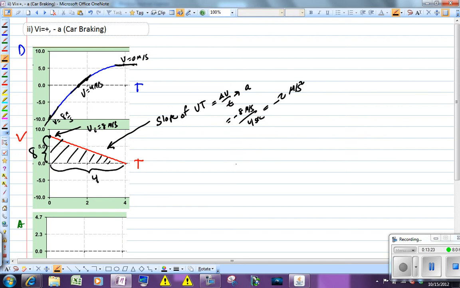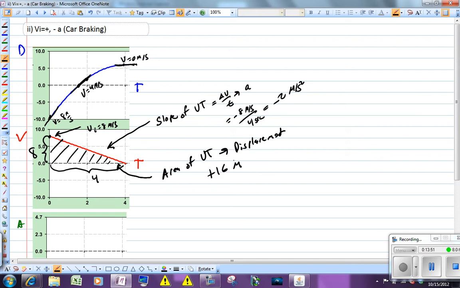And once again, when you multiply those together, you're going to get 32 for the rectangle, but a triangle is half that. So again, you're going to get a displacement from the area. So the area of a VT graph gives you displacement. In this case, that's going to be +16 meters, just like it was last time.